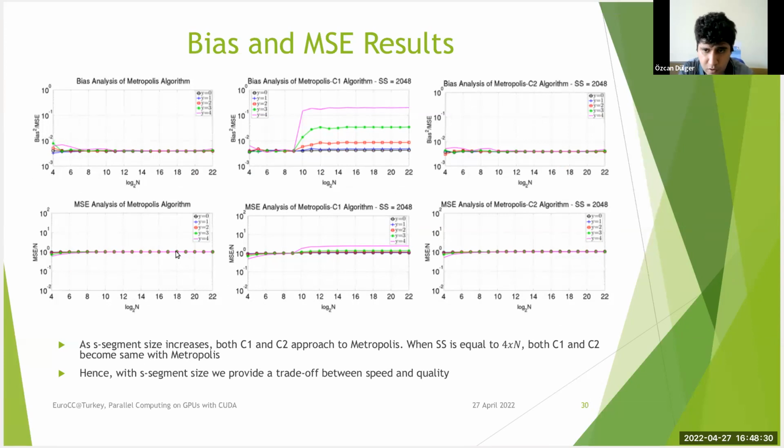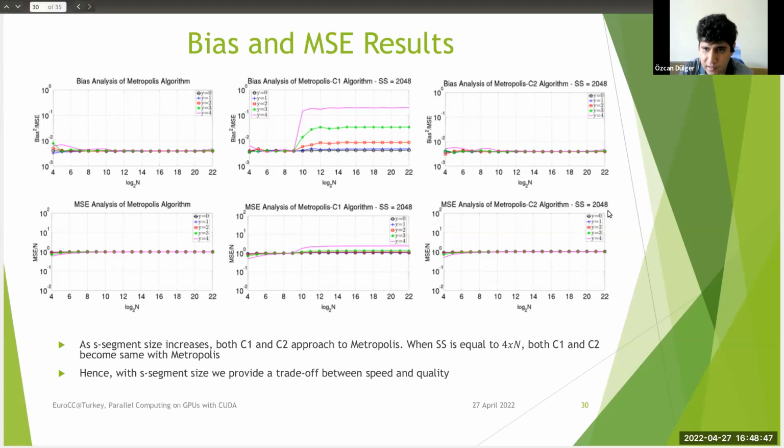Okay, and this is the effect of S segment size, and as the S segment size increases, both C1 and C2 approach Metropolis. What does that mean?